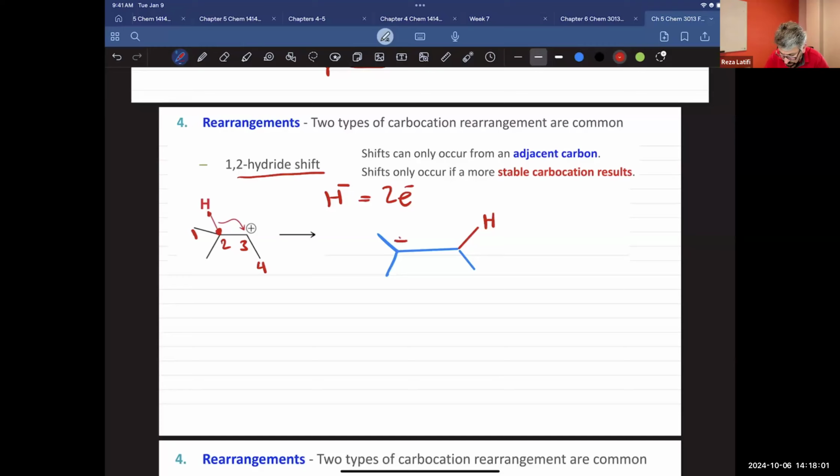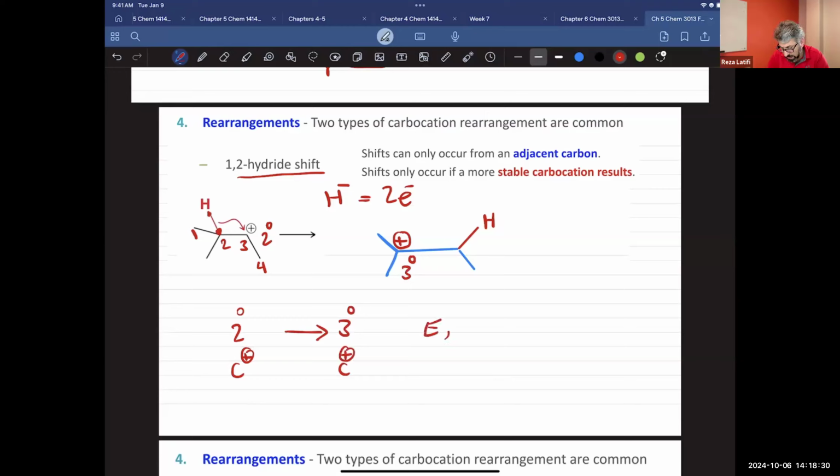Now, what happened here? We got a positive charge. Why is this a good thing to happen? Check the carbocation. Your carbocation now is a tertiary. It used to be secondary. So from a secondary carbocation, we turn it to a tertiary carbocation.